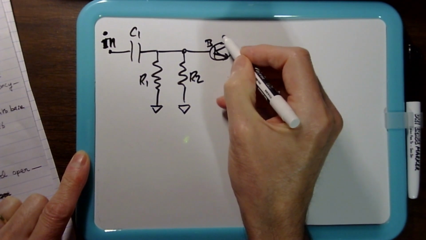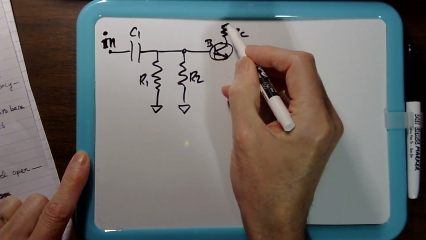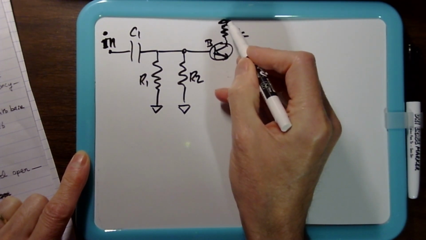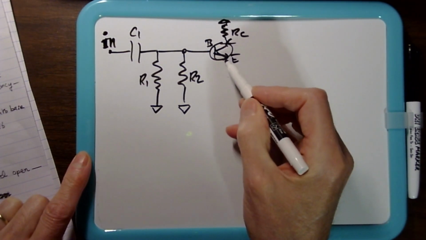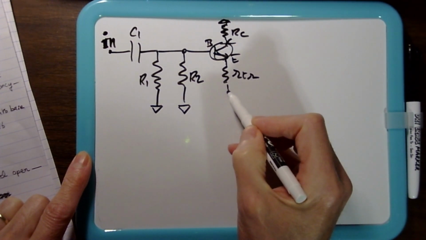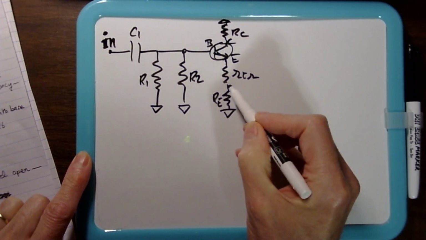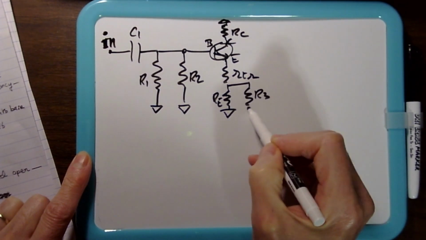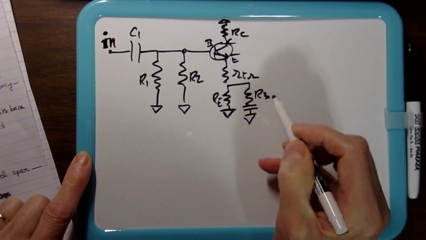Then you have RC up here, also to ground, because it connects to VCC. So this is the ground. On the emitter, this is collector. Emitter side, we have RTR, RE, ground. And then you have the bypass. So you have the R3, capacitor, and the ground. So this is the C2.